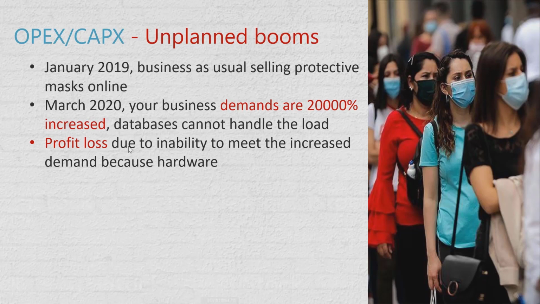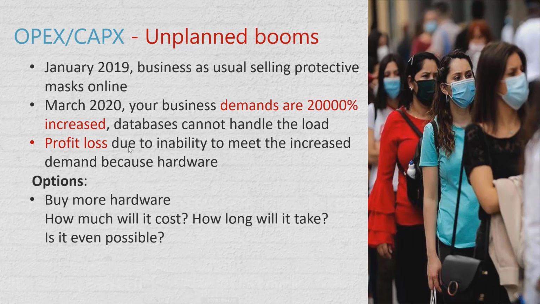The databases cannot handle the load, the applications are crashing, and you have a huge profit loss due to inability to meet the increased demand. And all of that happens because hardware is practically impossible to find in a situation like that. You might be able to buy it from someone who's really trying to sell it, but then, is it going to be the types that you want?